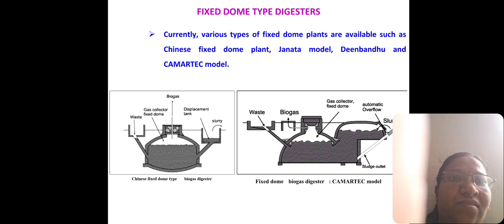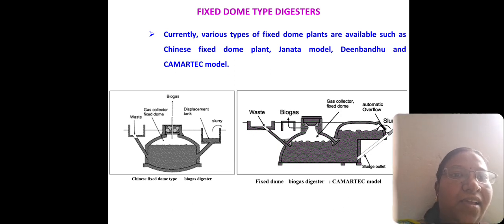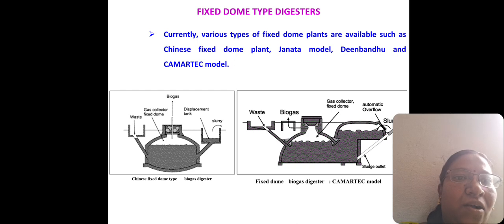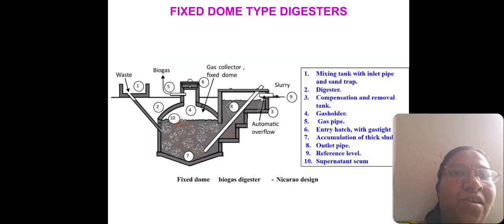The fixed dome type digester actually originated from China. They have an inlet tank and also an outlet tank. At the inlet, the waste is fed into the digester. After the digestion and retention time, the outlet will be the slurry and the gas will be produced.